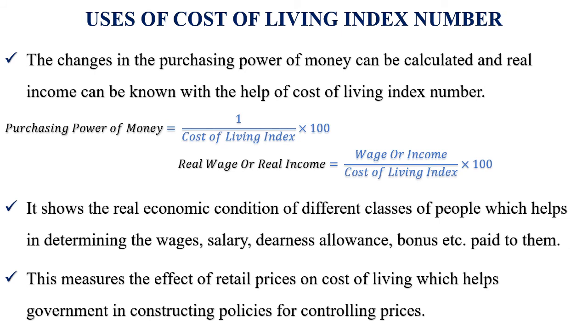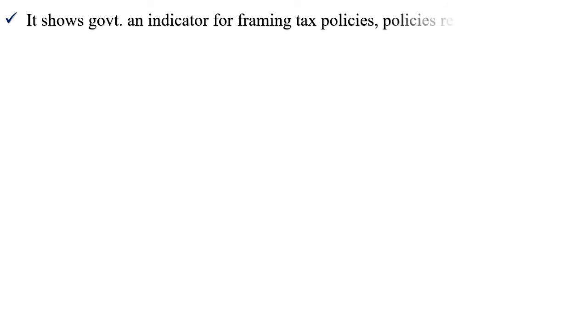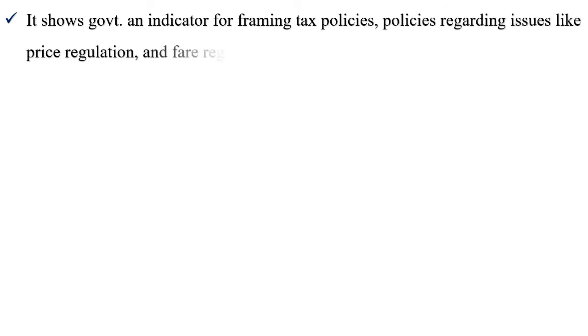It can help government in taking decisions. It shows government an indicator for framing tax policies, and policies regarding issues like price regulation and fair regulation, etc. So government can get an idea of how to frame such policies using the cost of living index number.